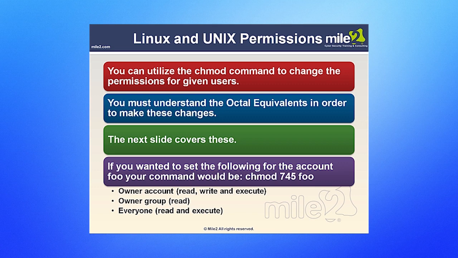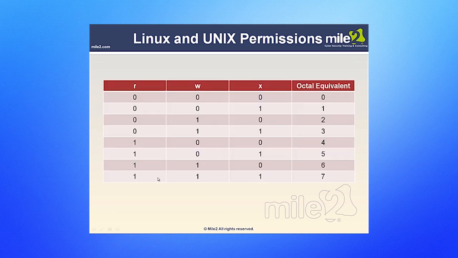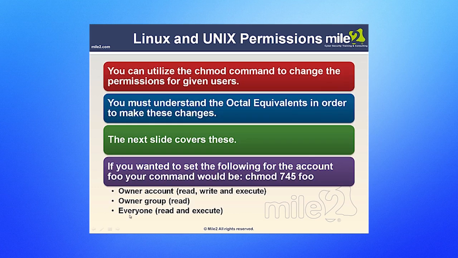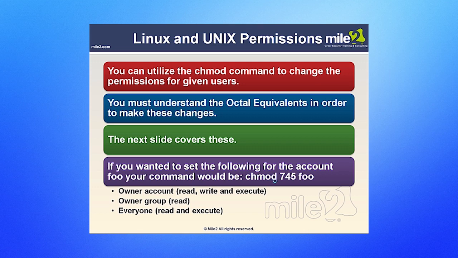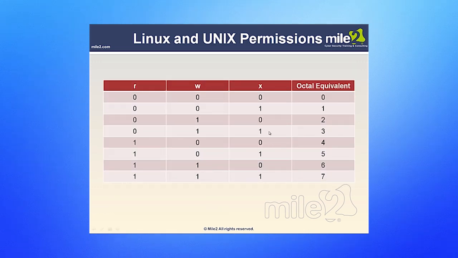Basically, when you look at the octal representation, you'll be able to see this. So you saw, and we'll flip back and forth a few times. We have our read, write, execute. That was a 7. Read, write, execute. So 1, 1, 1 is basically saying when you have a 1 in each column, I'm giving you read, I'm giving you write, I'm giving you execute. Then we saw, I think on the last slide, they had a 4, then a 5. 4 is basically a 1 in the read column, nothing in the write or the execute.